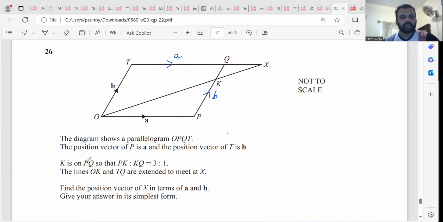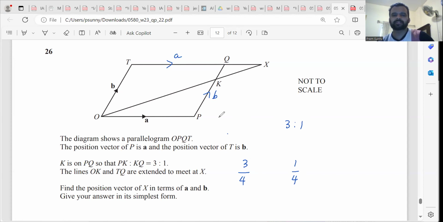Okay, fine. K is on PQ, such that PK to KQ is 3 to 1. 3 to 1 means 3 by 4 and 1 by 4, the ratio divided by the total ratio, 3 plus 1. 4 of what?